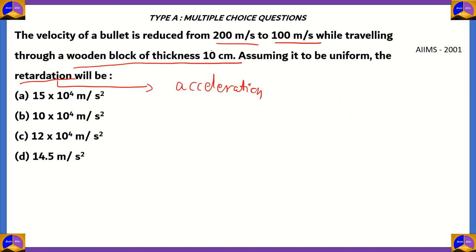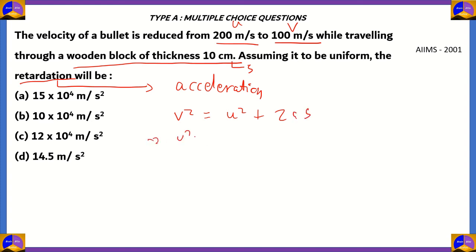And you have S is equal to 10 centimeters, and the initial velocity U is 200 meters per second. Final velocity V is 100 meters per second. Now, this question uses the third law of motion, which is V square equals U square plus 2AS.